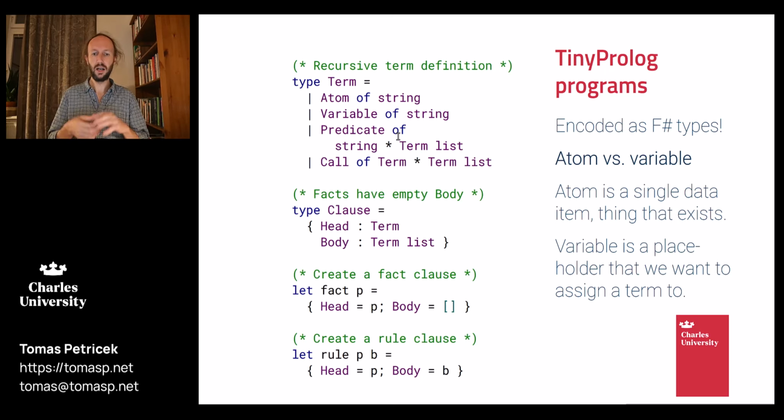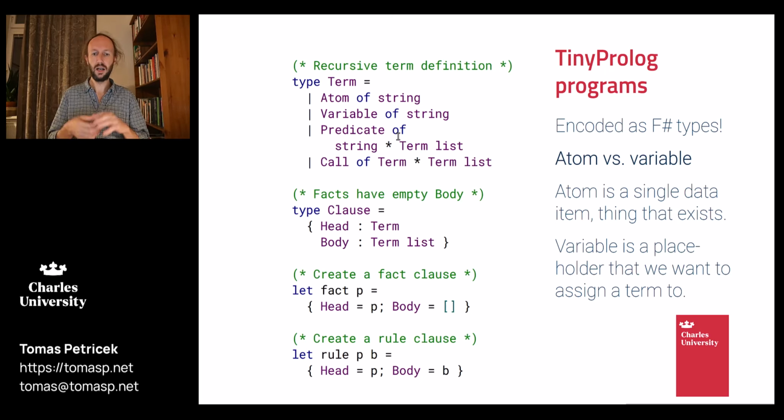And the unification, the core operation, is similar to what we did in TinyML. If we match two atoms, then they match only if they're the same. If we have a variable and something, then we generate a new record in the substitution. And the interesting case is that we now have these predicates which have a variable number of arguments, and so we can unify those using unify lists, but only if the names of the predicates match.